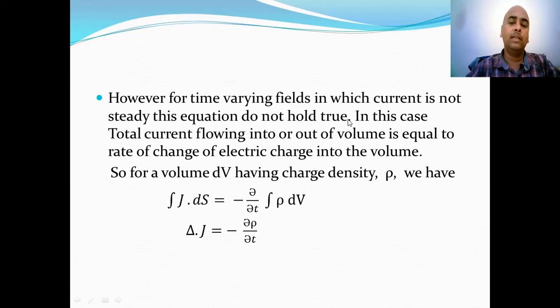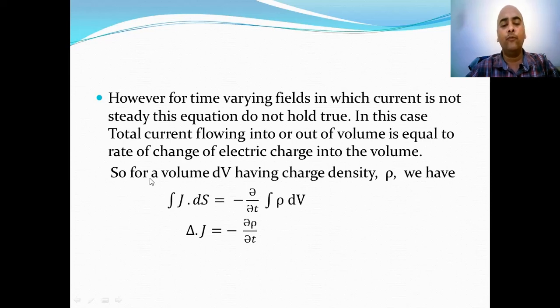That is, the charge input is not equal to the sum of charges leaving the volume. In this case, the total current flowing into or out of the volume is equal to the rate of change of electrical charge in the volume. This is a well-known fact that current is basically the rate of change of charge.